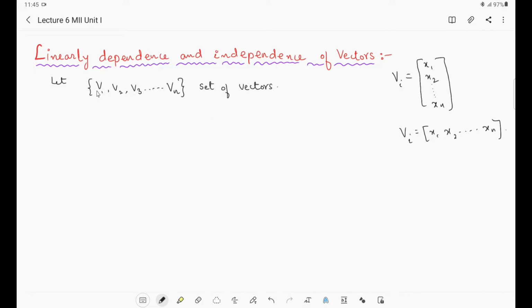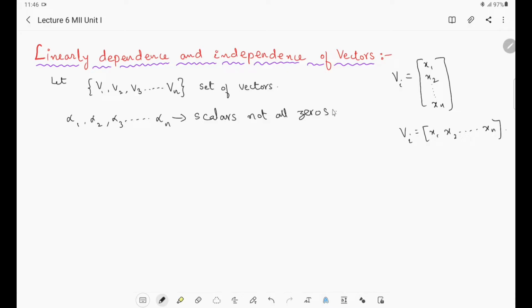Here suppose I am having v1, v2, v3 and so on vn, some n vectors. Now when can I say that these vectors are linearly dependent or linearly independent? That we are going to discuss now. Suppose I am having a few scalars alpha 1, alpha 2, alpha 3 and so on alpha n, not all zeros.